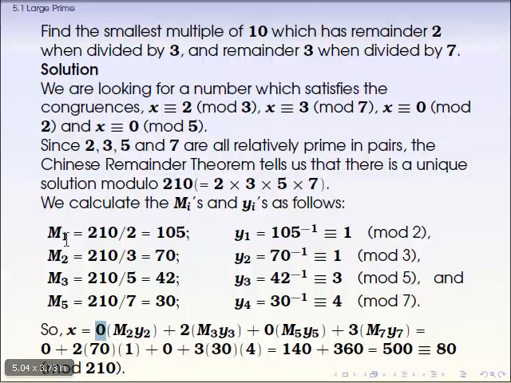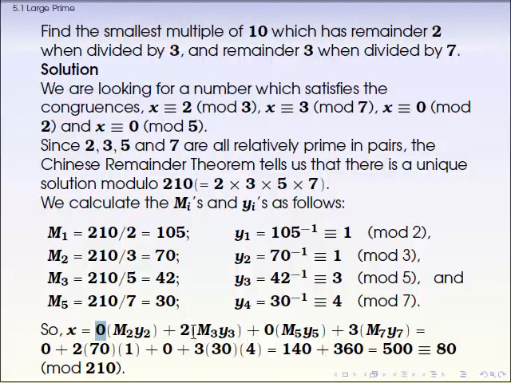Okay, so the first one is for M1, y1, and small a1, for modulo 2, and the a1 must be 0. So we're multiplying 0 with M1 and y1. So it becomes 0, whatever this number is multiplied by 0. So the result must be 0.